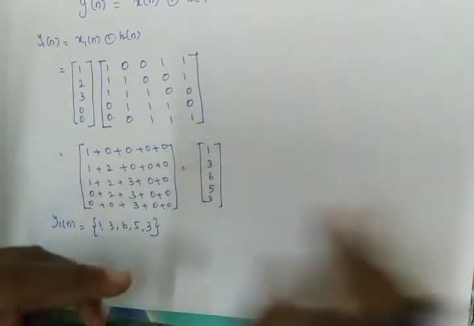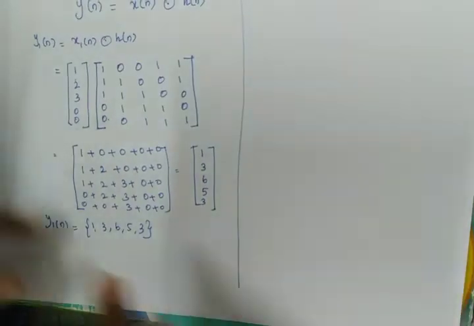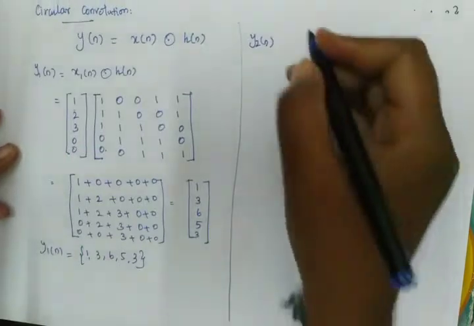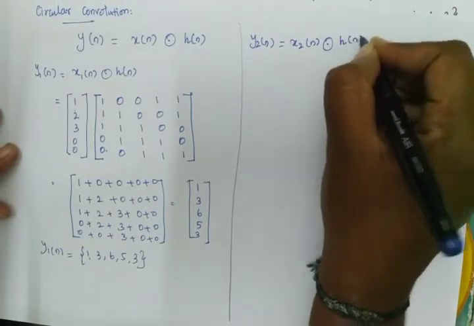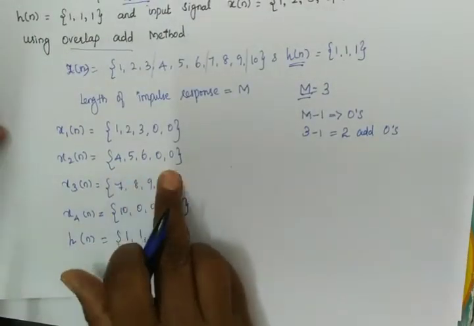Then next one is y2 of n. Now we have to find y2 of n. Again y2 of n will be equal to x2 of n circular convoluted with h of n. So what is x2 of n? We have written x2 of n as 4, 5, 6, 0, 0.